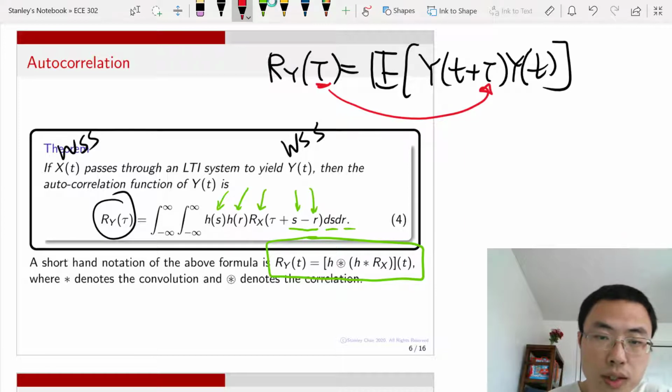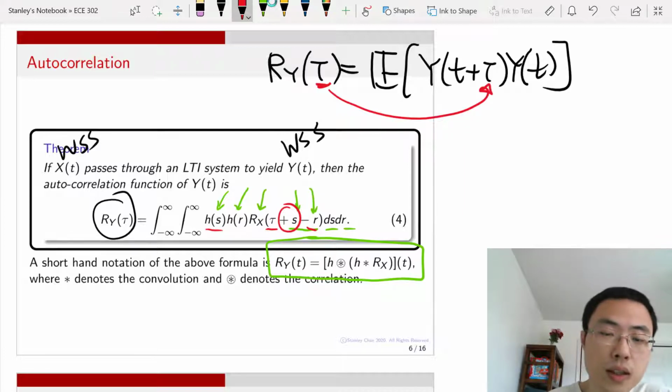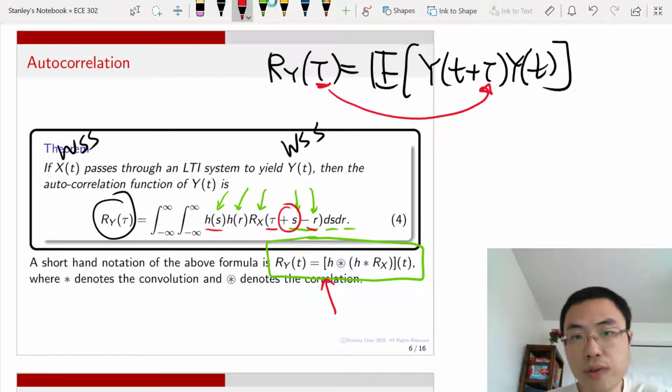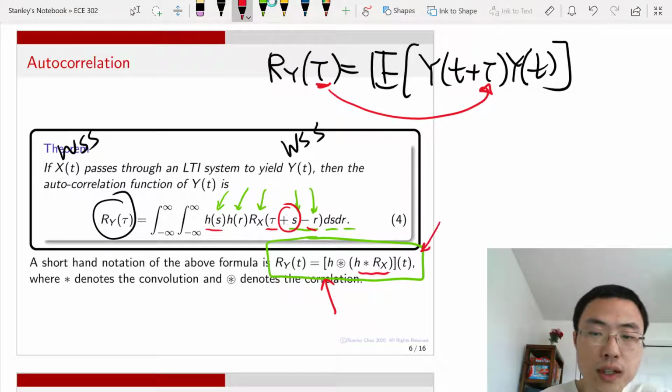The first operation is tau minus R, and this is the convolution in R. Then you have a plus S, and once you have this plus S and you have an h of S, that is a correlation in S. Therefore, your autocorrelation function of Y can really be written as an inner convolution between h and Rx, and then outside you have a correlation between h and the result of this convolution. So that is the expression.